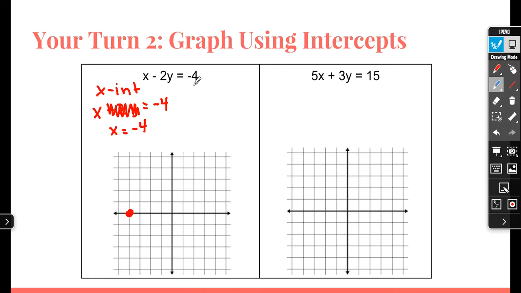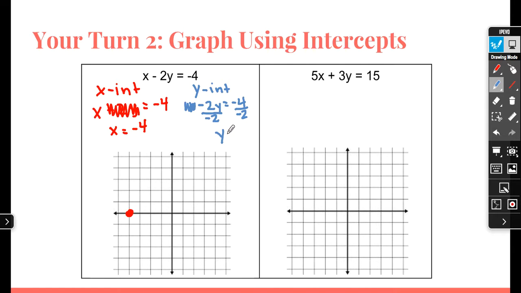For my y-intercept, I'm going to plug in 0 where the x was. So whenever I do that, I'm going to cover up that x and see what I have left. So for my y-intercept, I have -2 times y equals -4. This one does have a coefficient, so I'm going to divide by -2.